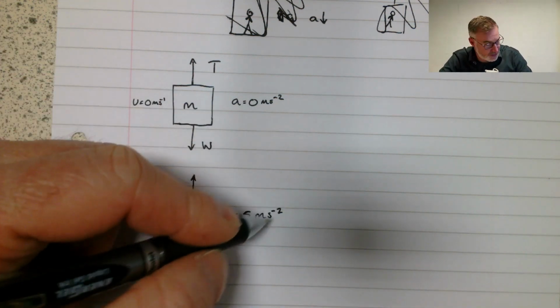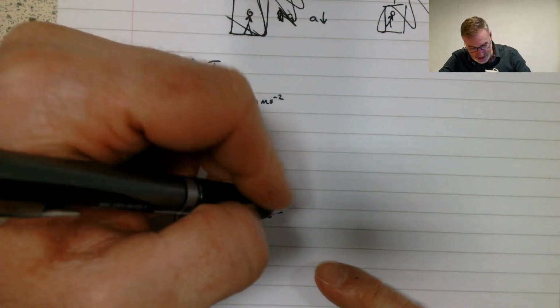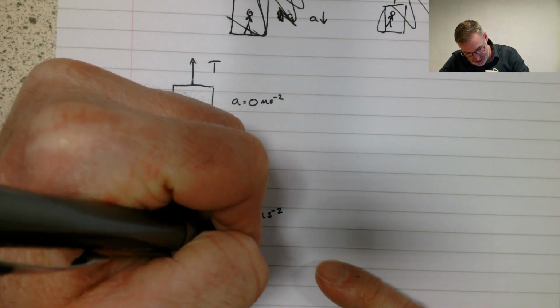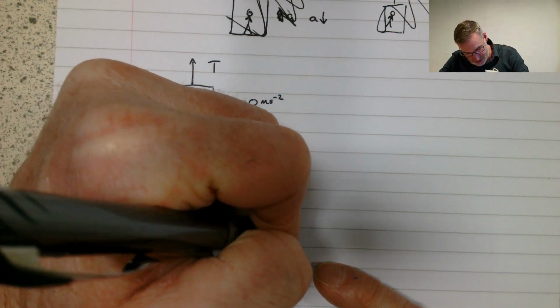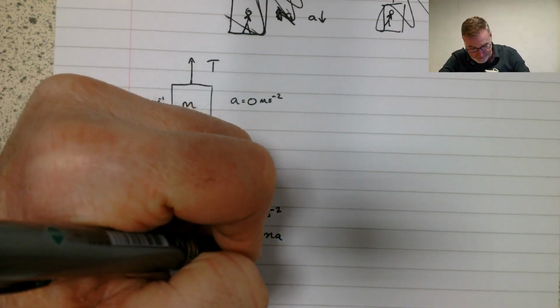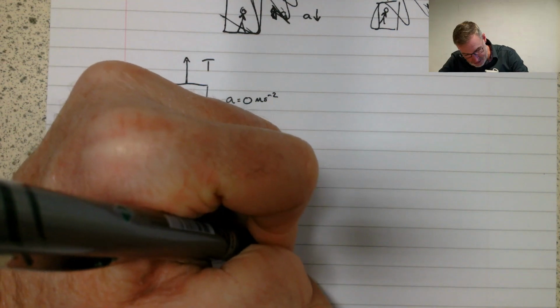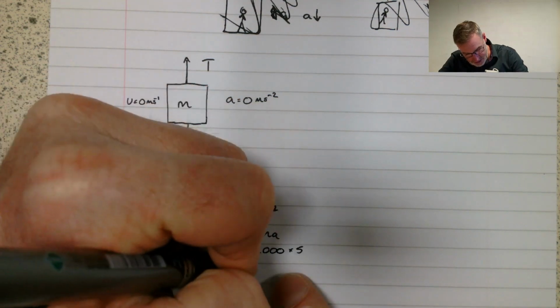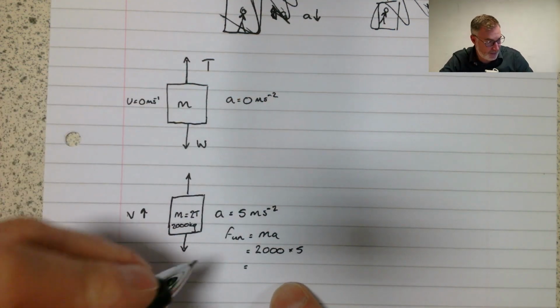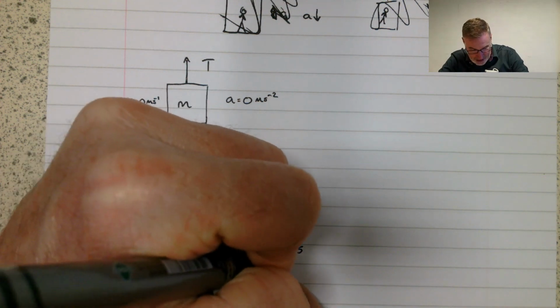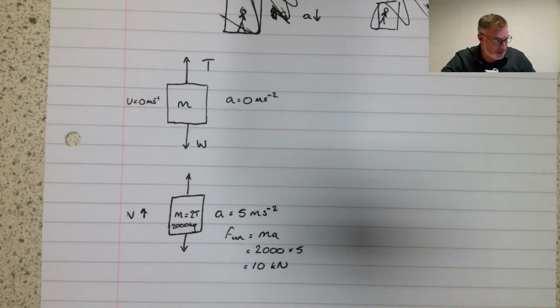What we have is an unbalanced force of ma. 2,000 times 5 is going to be 10. Well, I'll just say 10 kilonewtons.